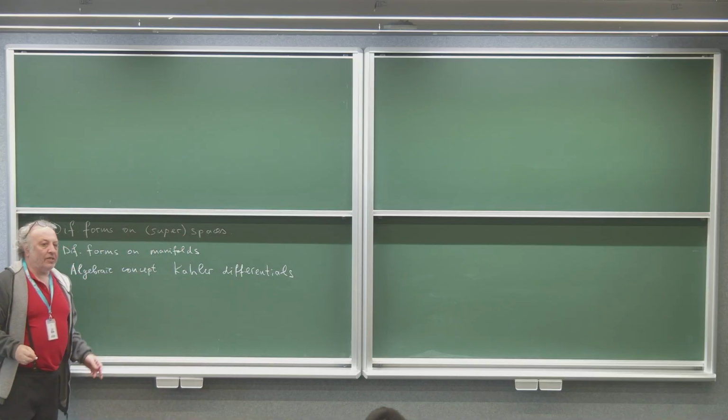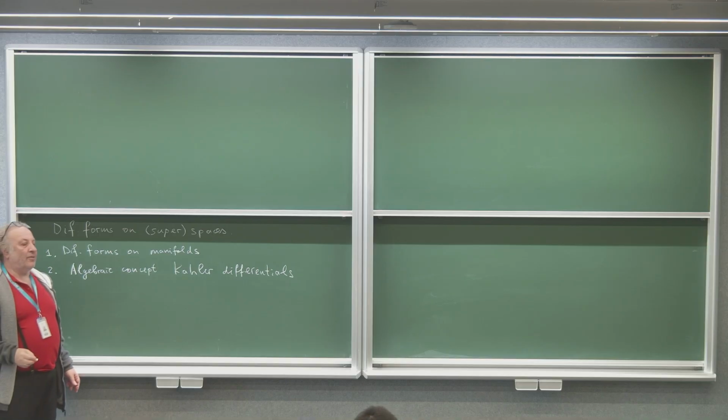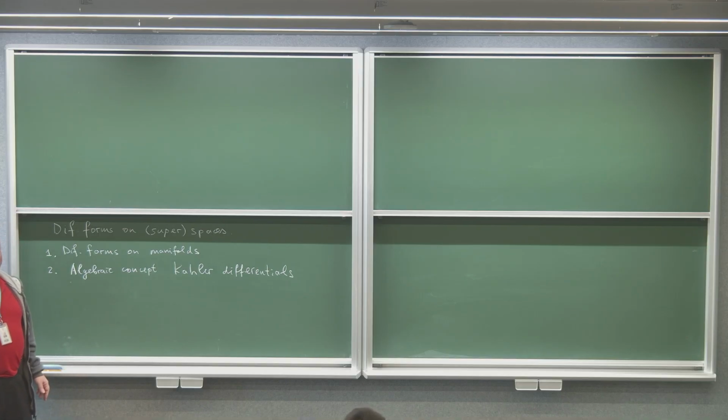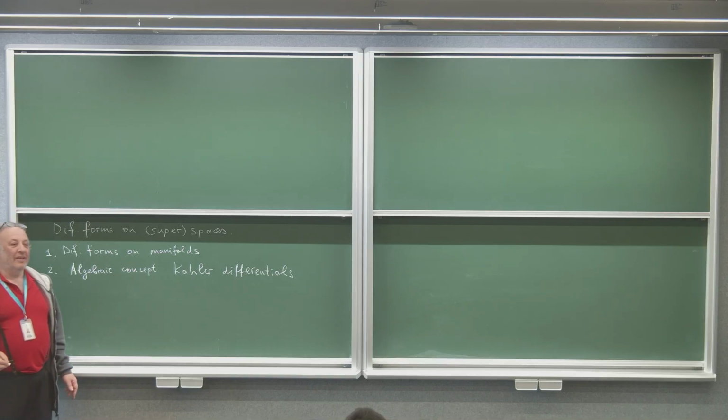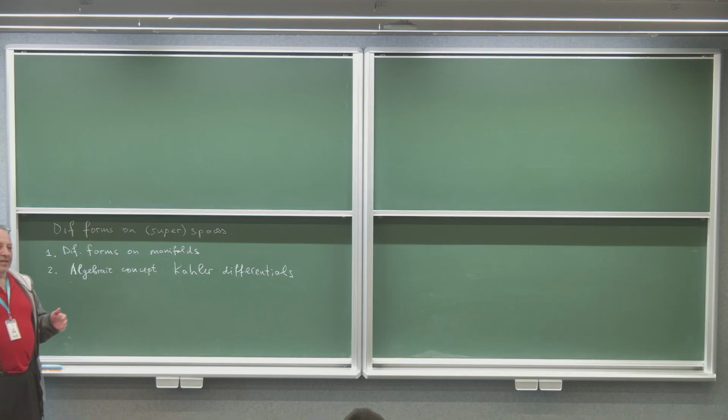So these scalar differentials appeared when Keller was a student of Zariski, and he was trying to understand what are differential forms in differential geometry. So he went to Grothendieck, he talked to Grothendieck, and he came out with some concept.